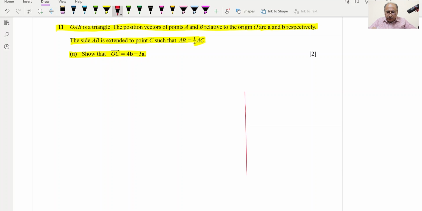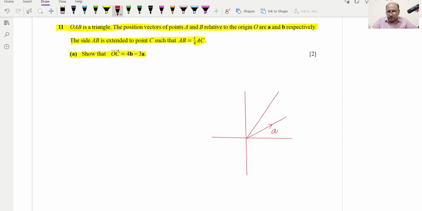For example, if we draw a small drawing like this, this is the coordinate axis, and we can take A over here, and draw B also.